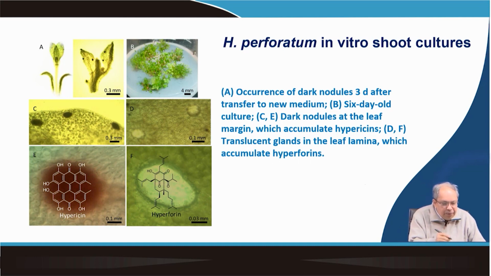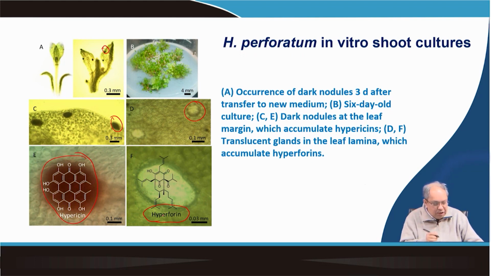Now, these are the leaves with these dots, and here a mature leaf, it is basically red in color, and this red color is because of the hypericin accumulation. And the translucent dots are also there, where the hyperforin accumulates.